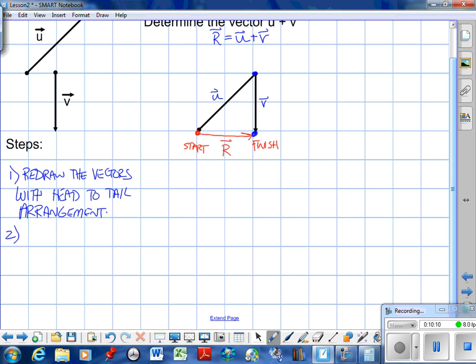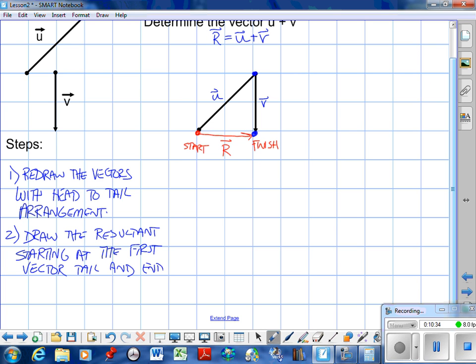Step 2, draw the resultant, starting at the first vector tail and ending at the second vector head.